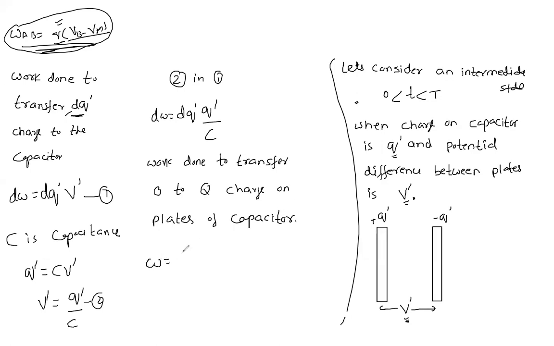That work done will be the integral of Q prime by C dq prime. Can you guess the limits of this integral, the lower limit and the upper limit? Yes, the lower limit is 0 and the upper limit is capital Q.